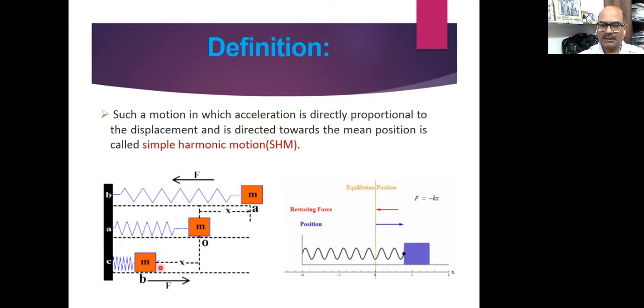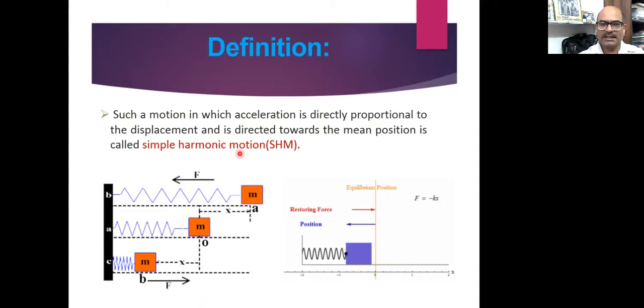So this force, when the spring is compressed, is towards the mean position, and again when the block is away from the mean position, the restoring force is again towards the mean position. So you can understand that the restoring force is always working towards the mean position, and basically it is trying to restore the position of the block at the equilibrium position.